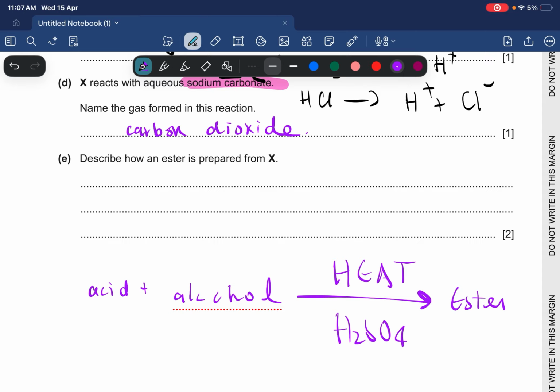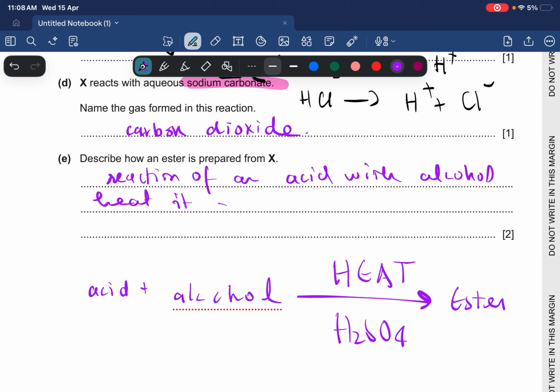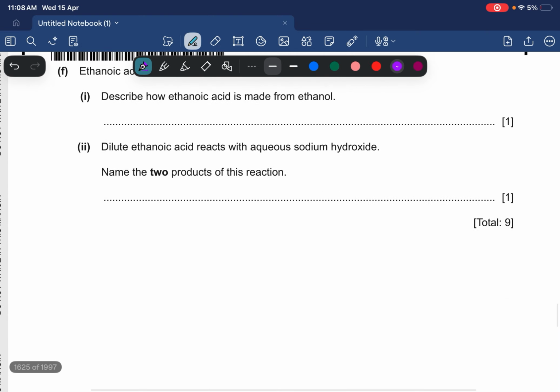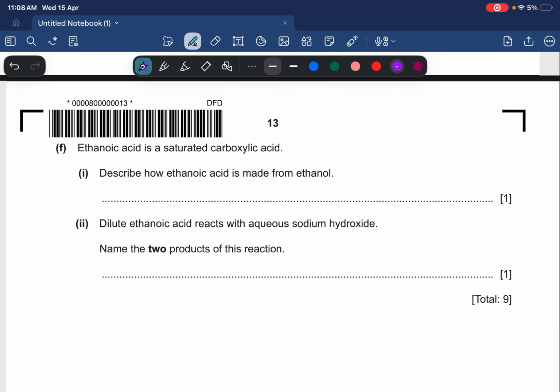We have to heat it and add sulfuric acid catalyst. So you just write it: reaction of an acid with alcohol, heat it and add H2SO4 catalyst. Done.